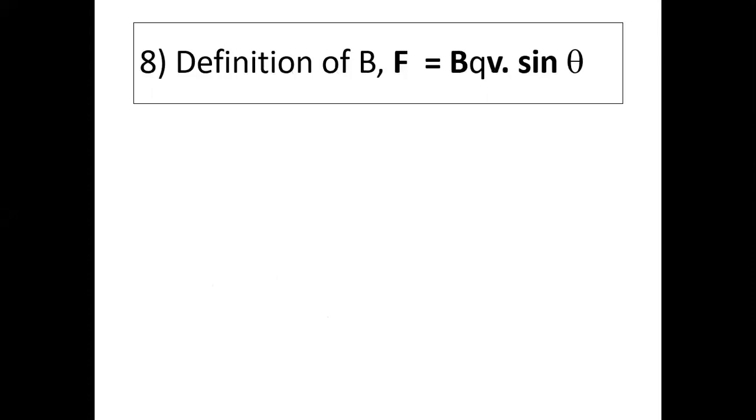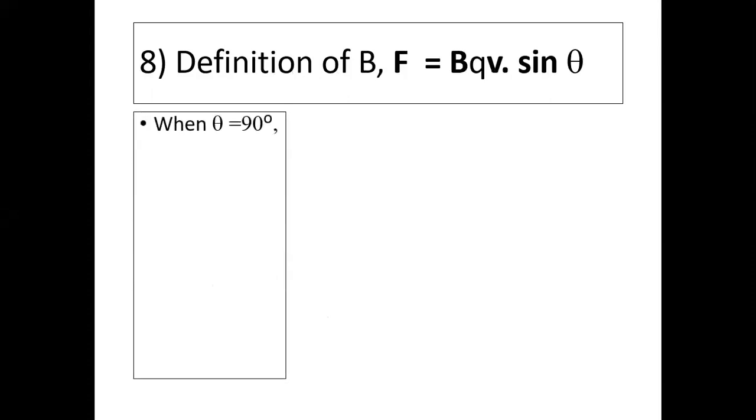Okay, from this equation, you read different books and they will tell you differently, but you must follow your syllabus. Syllabus definition is from this equation. We put theta equals 90 degrees, then we get BQV. Then we make B the subject, take the QV down.